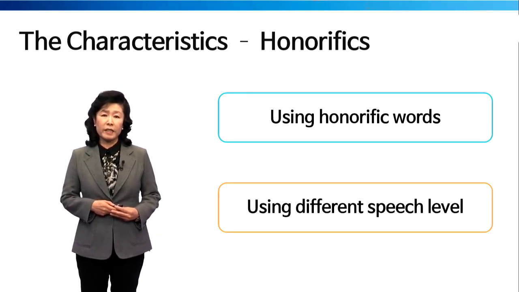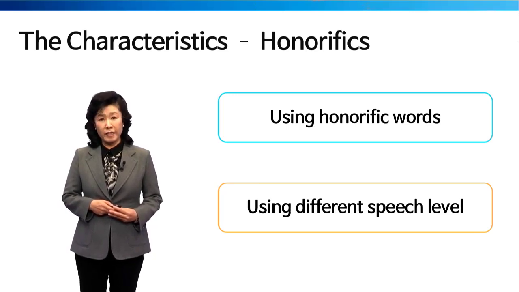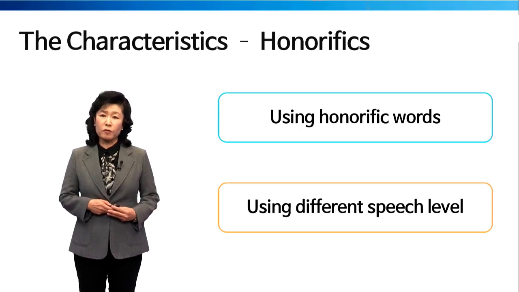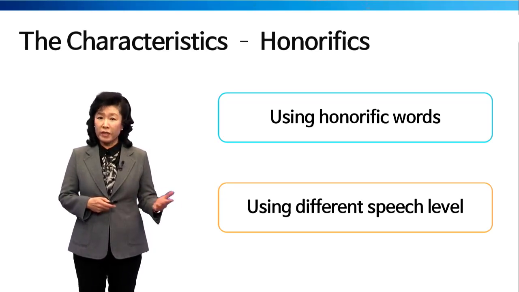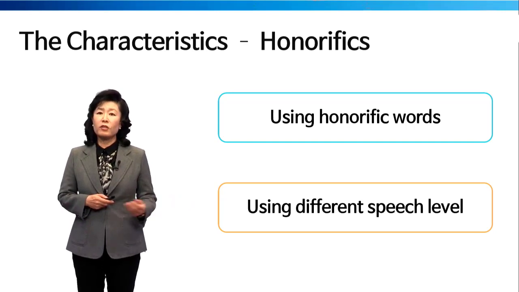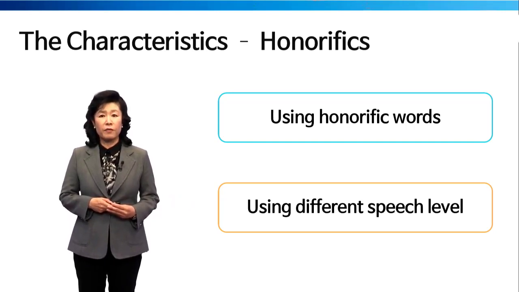However, in Korean, there is a distinction between the way a father speaks to his son and the way a son speaks to his father. If you pay close attention, you will be able to notice that the two ways are very different. You can use honorific words, or you can use expressions that differentiate speech levels.